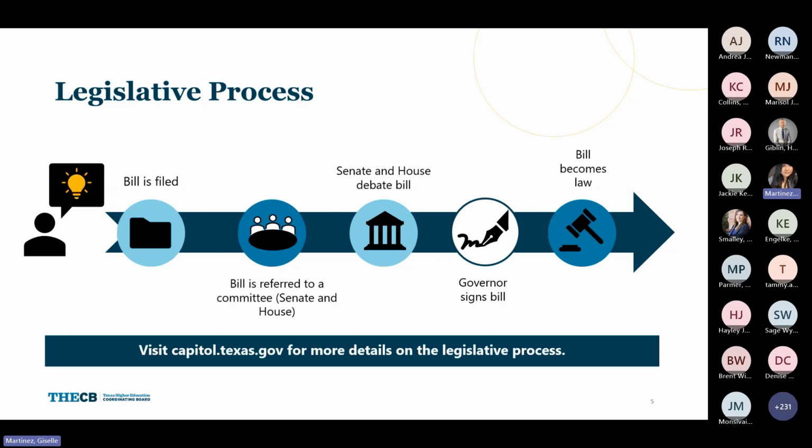During this process, changes can be made to the bill, and the two chambers must agree on any changes made to the legislation before it's sent to the governor's desk to be signed into law. If a bill becomes law, it gets added, updated, or removed under the applicable legislative code. And rules can be created or revised by state agencies, such as the coordinating board, in what's called the administrative code. So let's take a closer look at the two types of codes since they go hand in hand.